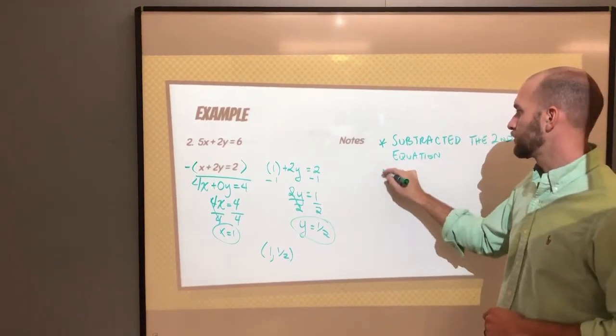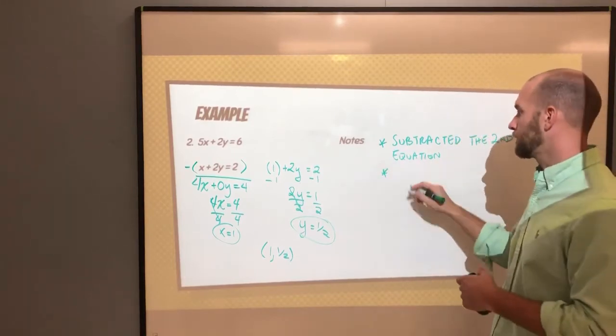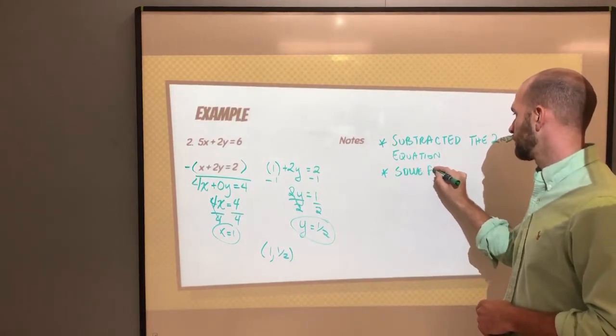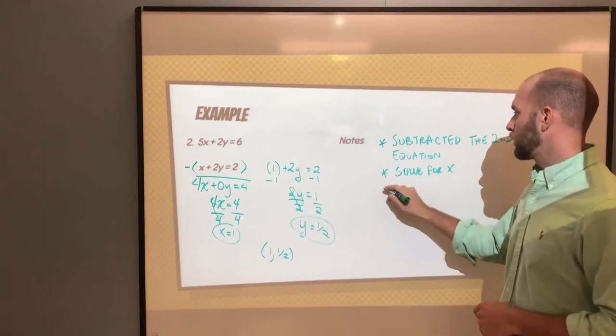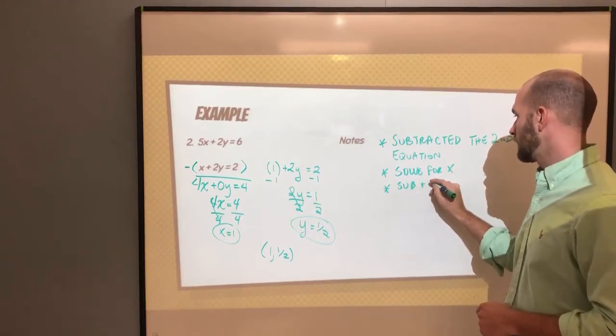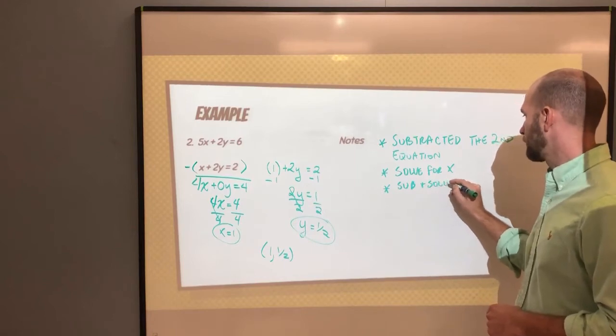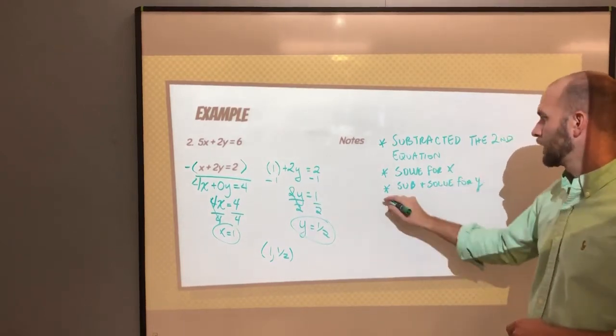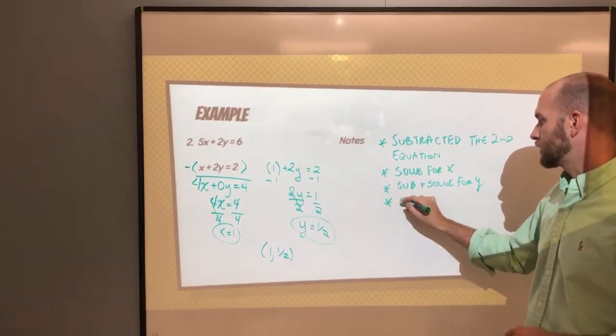We solved that for x. That eliminated y. We solved for x. We substitute into an original equation and solve for y. Last thing we do is we write them as an ordered pair.